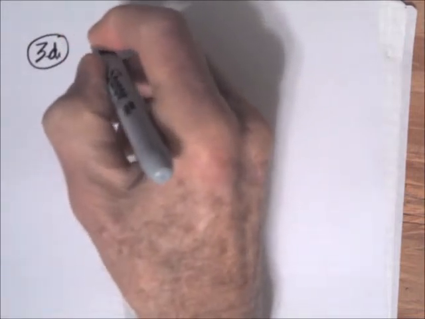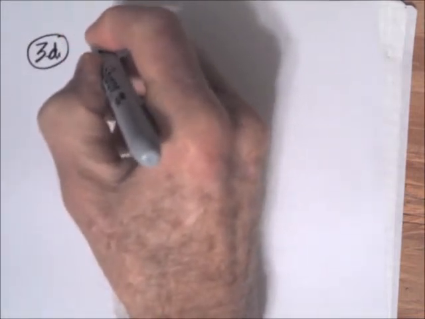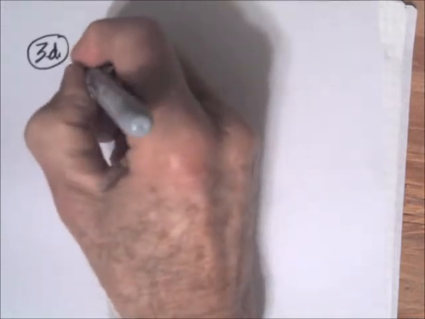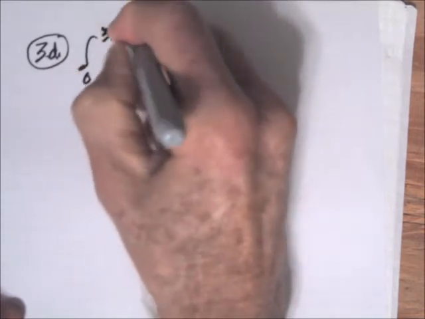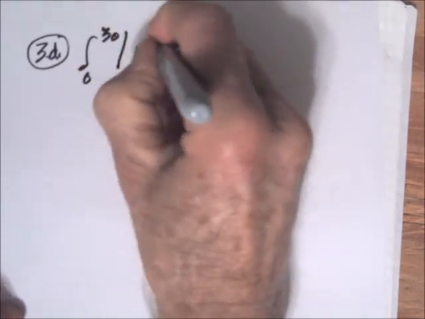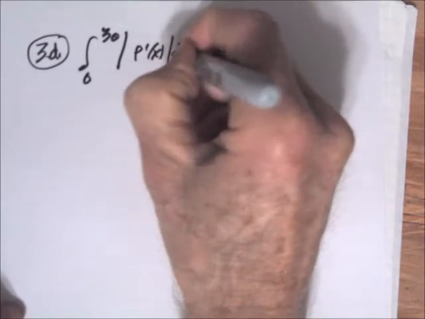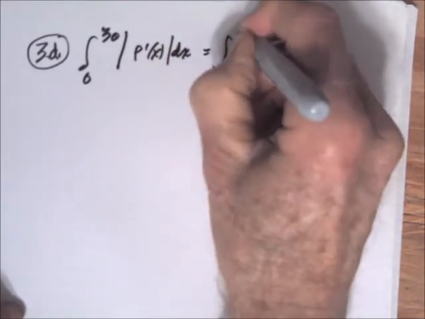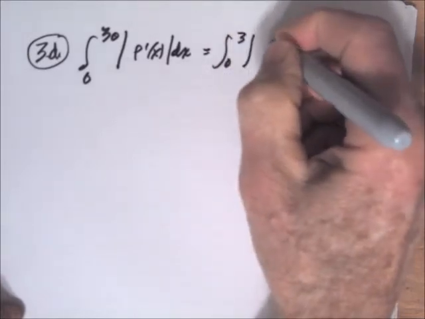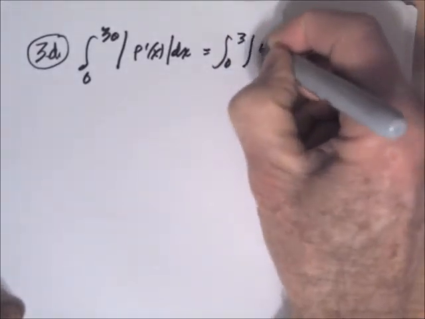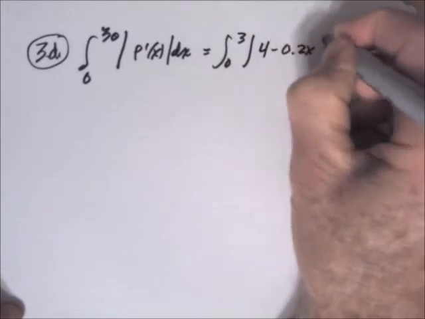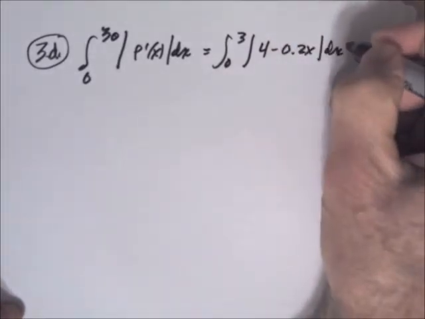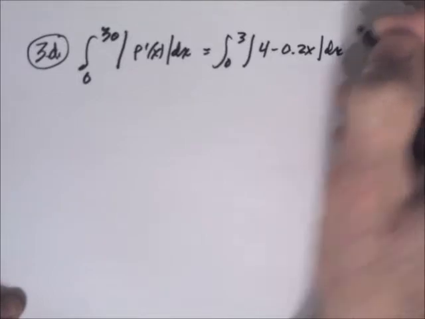The total change in profit is the integral from 0 to 30 of the absolute value of P prime of x dx. And so it's the integral from 0 to 30 of the absolute value of 4 minus 0.2x dx.